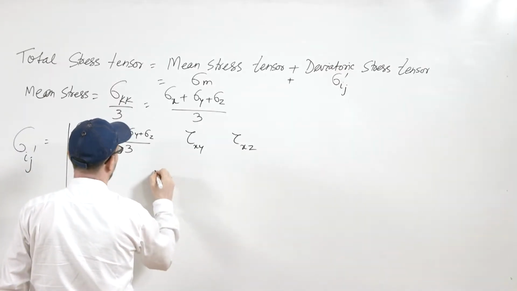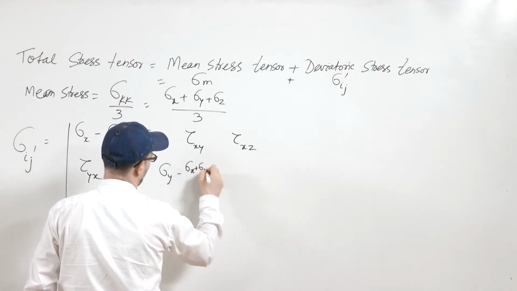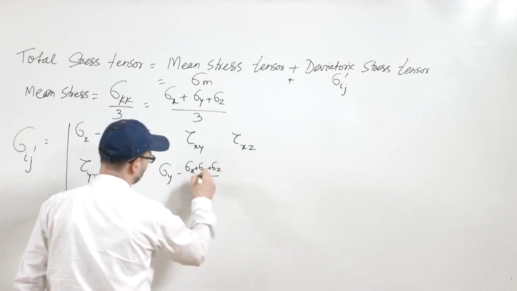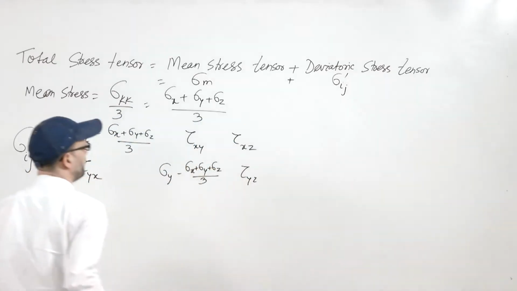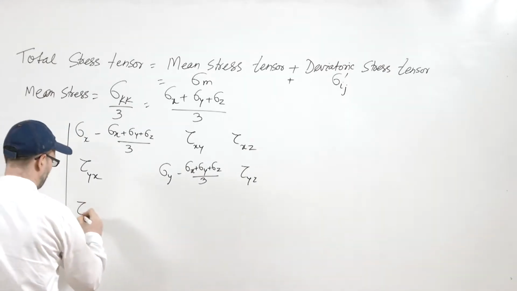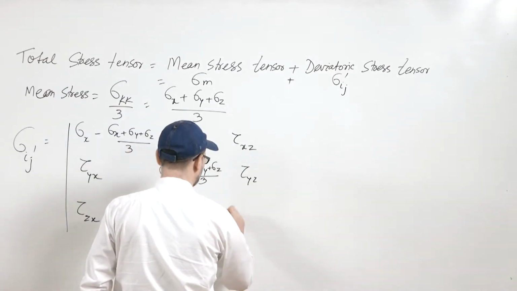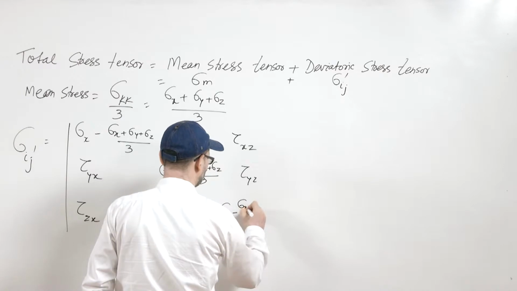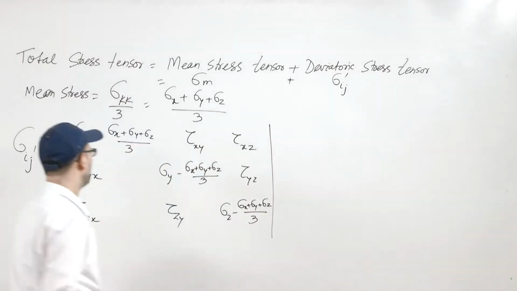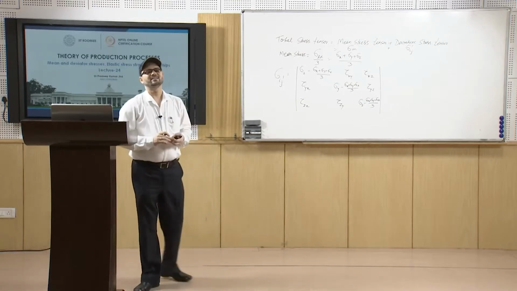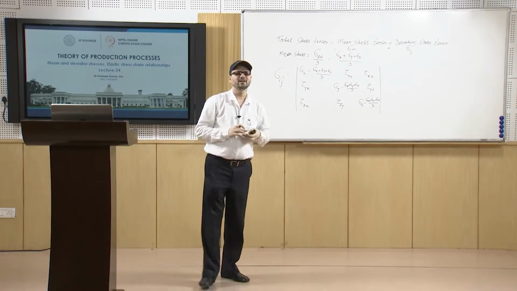Again here you will have sigma y minus sigma x plus sigma y plus sigma z by 3, then tau yz, then tau zx, tau zy, and sigma z minus sigma x plus sigma y plus sigma z by 3. This is how you define the deviatoric component of stresses, known as deviator stresses.